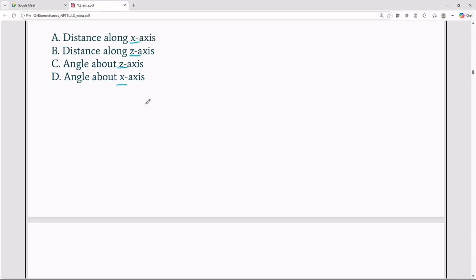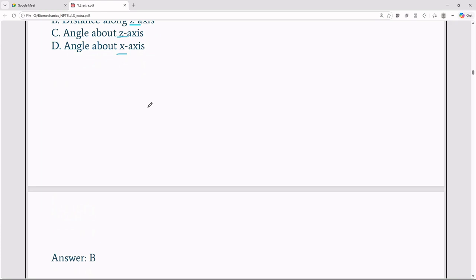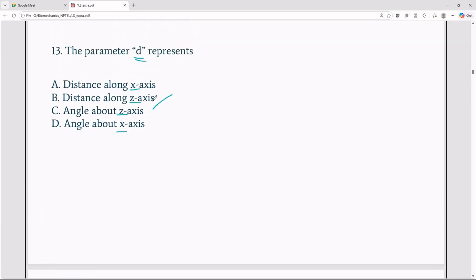The correct answer is option B, the distance along z axis.